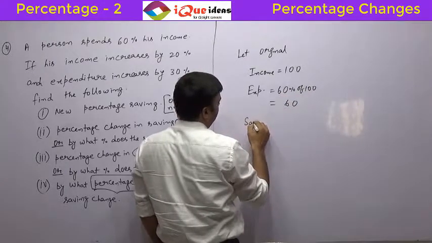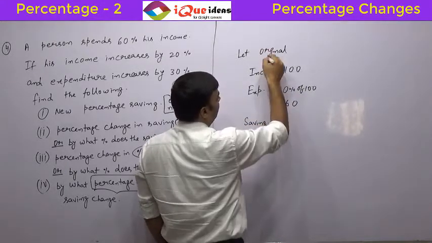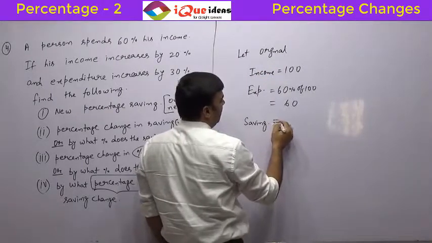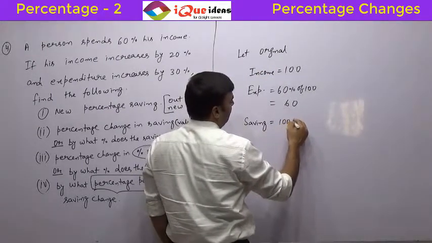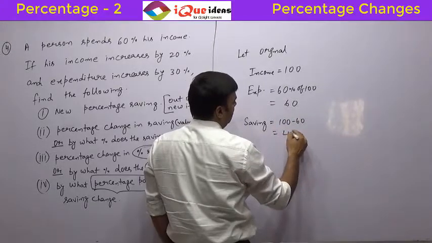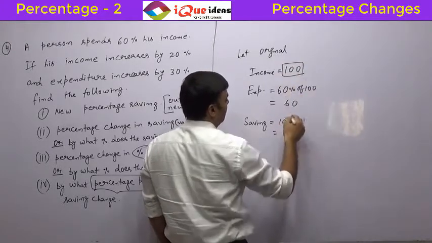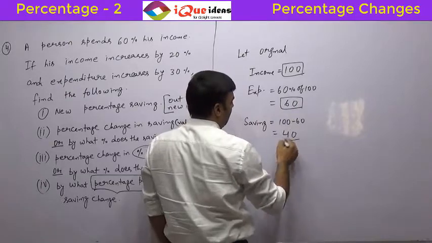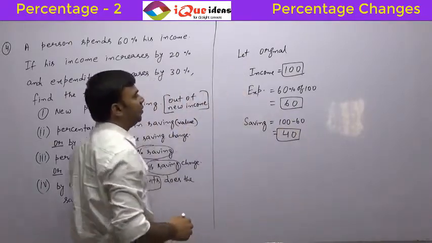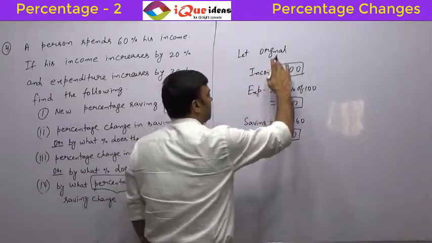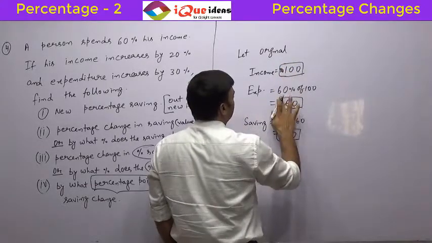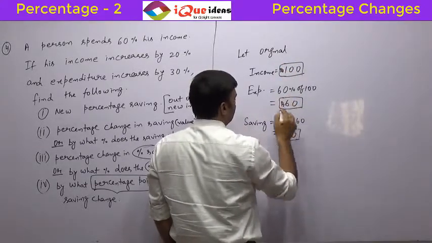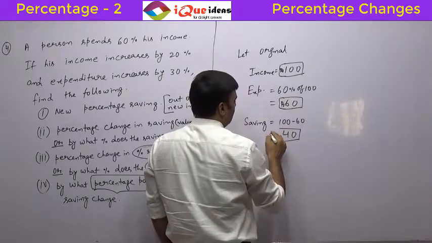So the saving, these are all original values, right? So saving will be equal to 100 minus 60, that is equal to 40. So we have original income 100, original expenditure 60, and original saving 40 rupees. Let me put the unit also. It is rupees, right? This 60 is also rupees. This 40 is also rupees.